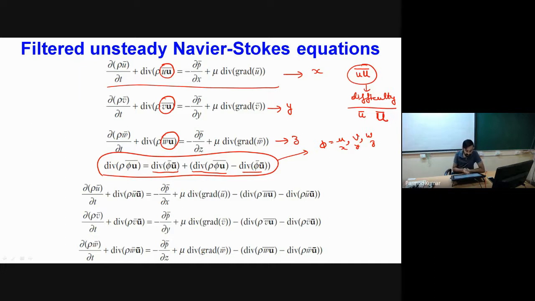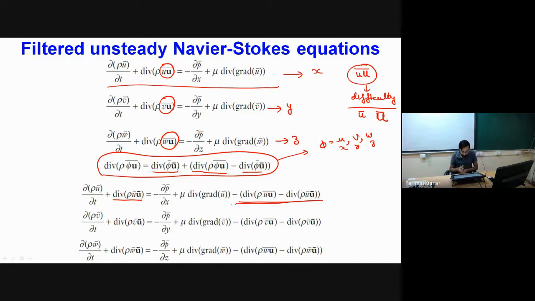Once I do this substitution into our governing equations, on the left hand side, in x momentum, in place of phi I have replaced it with u. So I'm writing in the left side of the momentum equation divergence of rho u bar into u vector bar, and the additional term I have put on the right hand side.